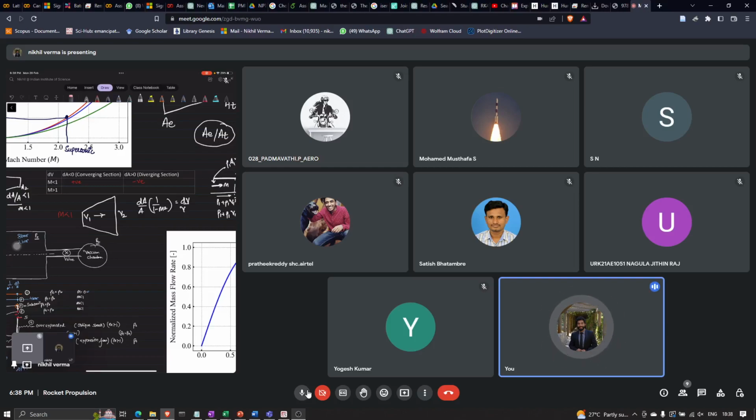So let us look at a supersonic flow. For a supersonic flow, if the area is decreasing, this will be negative. For supersonic flow, this also will be a negative quantity, right?